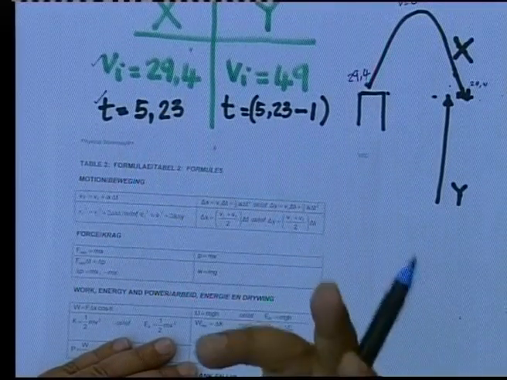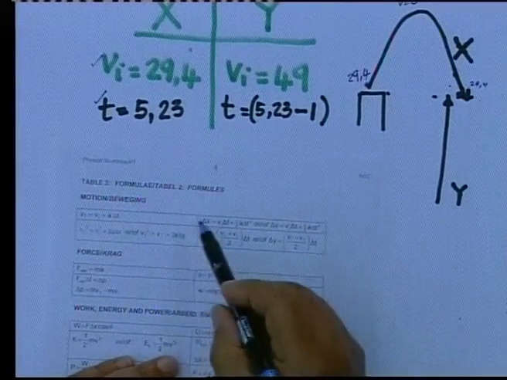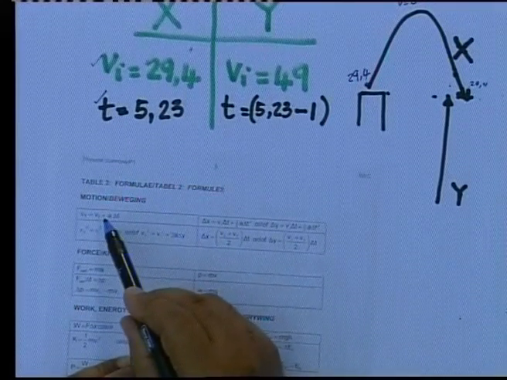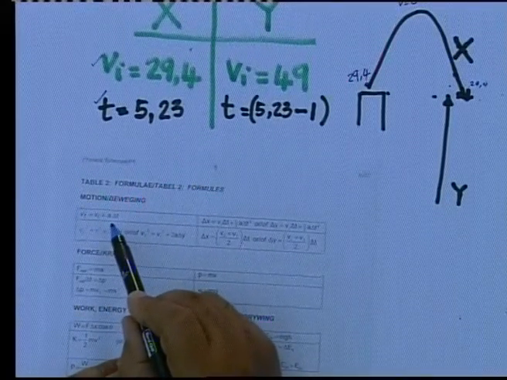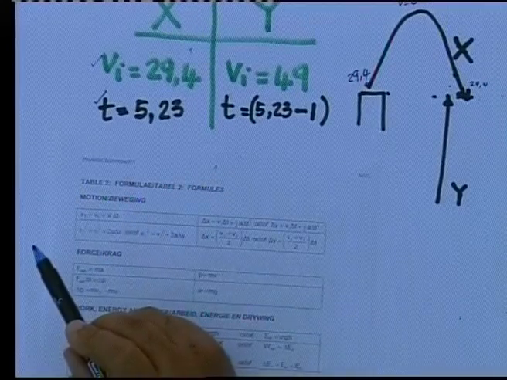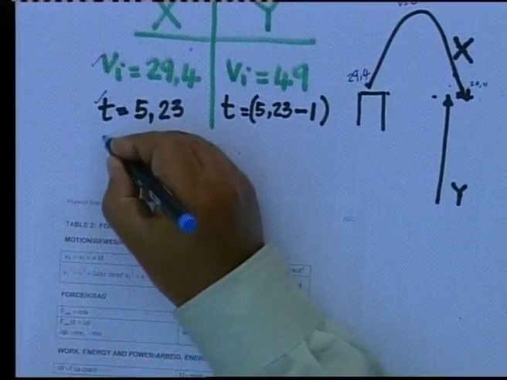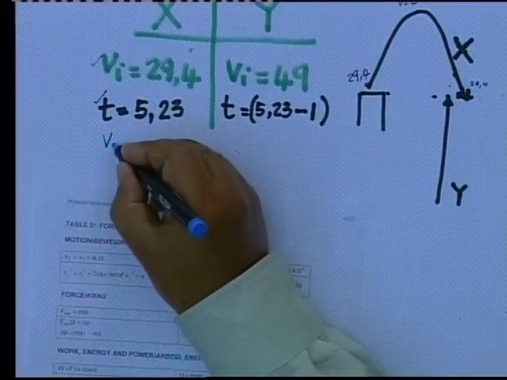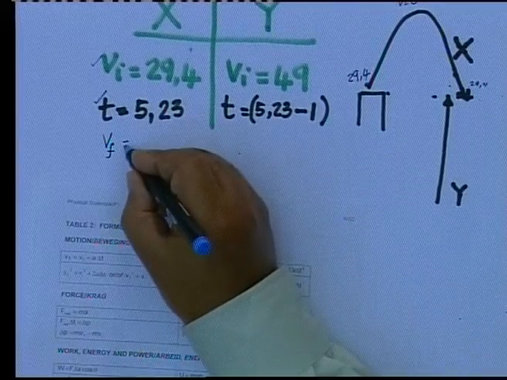I should always have 3 things, because all of these tables, all of these equations contain 4 unknowns. So I should always have 3 and calculate 1 unknown. What must I calculate? Oh yes, I should calculate the final velocity. That is the velocity.